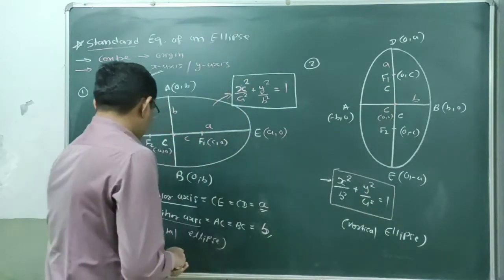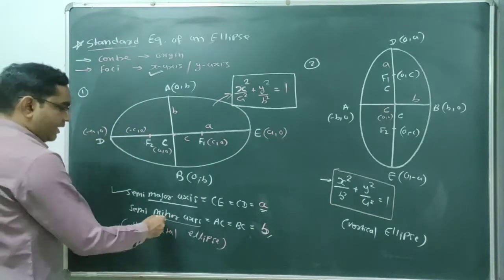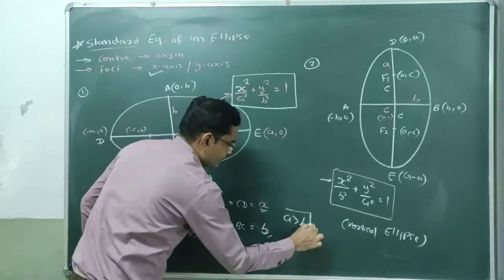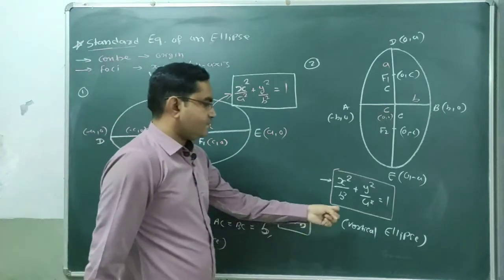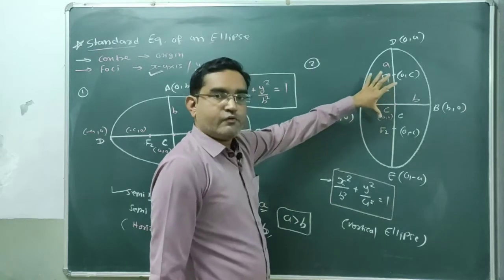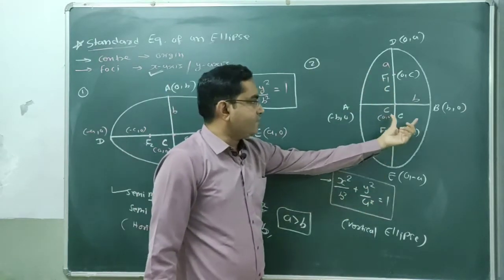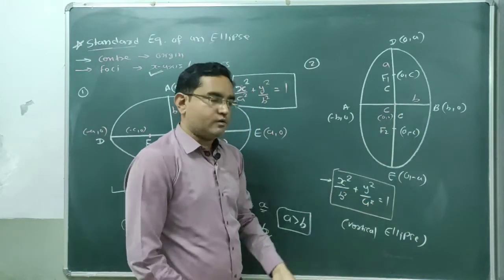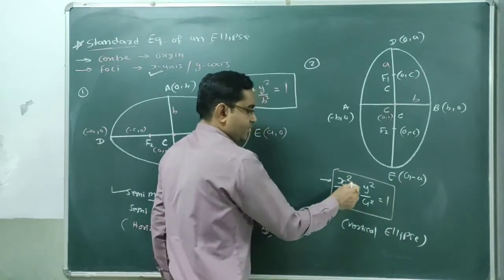This is semi-major axis and this is semi-minor axis. So length of semi-major axis is always greater than semi-minor axis. So for this vertical ellipse, semi-major axis is along with the y-axis, so it will be y square by a square, and minor axis is along with the x-axis, so it's x square by b square equal to 1. Done.